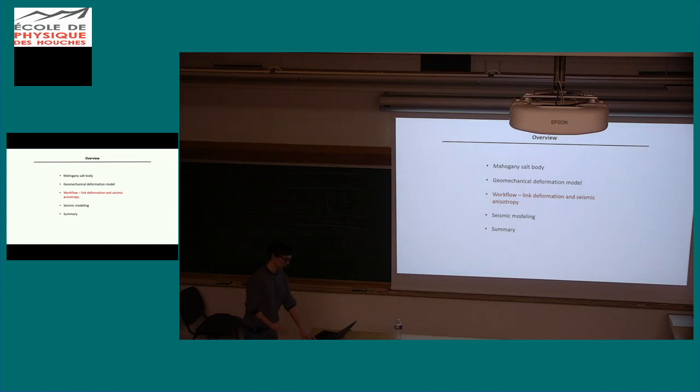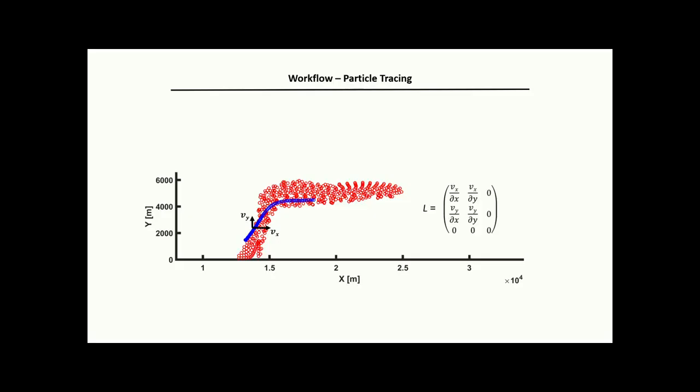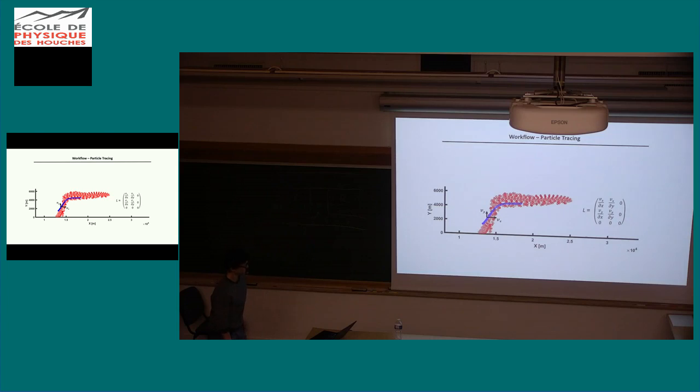As I said, we want to link the deformation inside these kinds of settings with the possibility of seismic anisotropy occurring. To do that, we estimate strain along certain path lines inside the model.